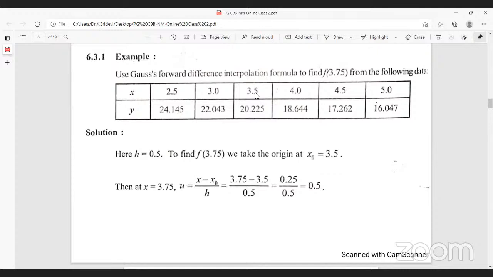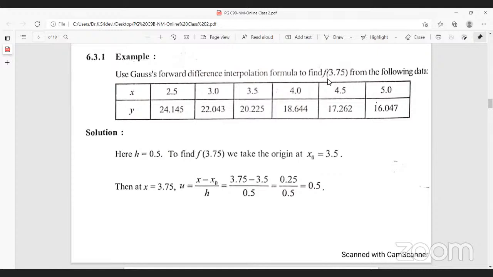It lies between 3.5 and 4.0. So this is near the middle of the values. 3.75 is the middle or near the middle of the values, so we can use this central difference formula, that is Gauss's forward difference interpolation formula.